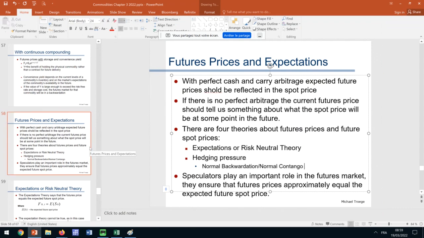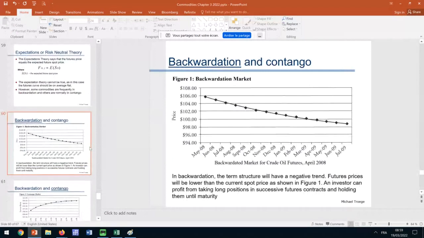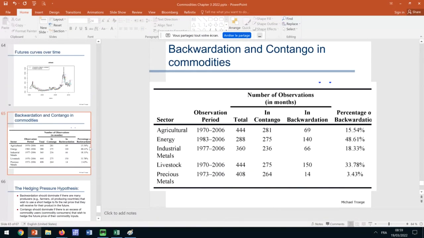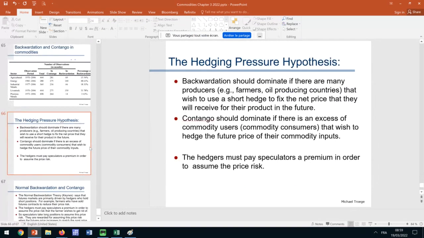It would explain why some commodities are almost always in backwardation and others are almost always in contango. What is the idea here? The idea is that these futures markets are used to insure either producers or buyers. A producer can lock in a price in the future, and a buyer can also.